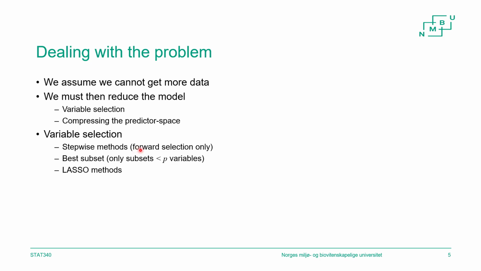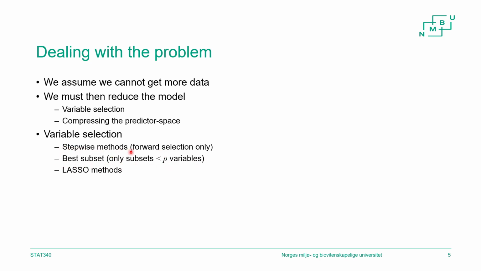So that's different, you could say. You can also do best subset, but not all subsets. You can only do up to p variables, not all the p variables. That's my point. So this is sort of tricky now.